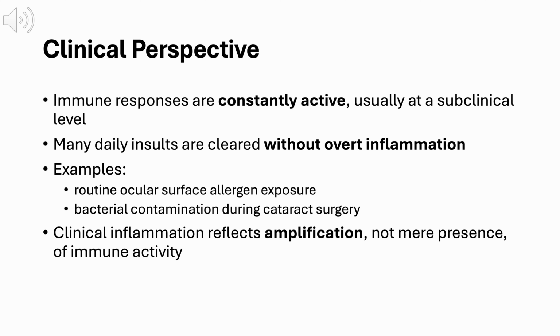Even during cataract surgery, small amounts of bacterial contamination may occur without progressing to infection because local defenses eliminate the organisms before the response escalates. The key point is that clinical inflammation does not simply indicate that the immune system is active. It reflects amplification of that response to the point that vascular changes, cellular recruitment, and tissue effects become clinically apparent.